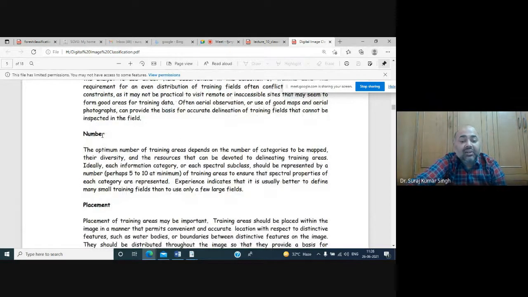Then number. What is the number? What is the minimum pixel size that you have generated to create the spectral response curve? Perhaps at least 10 to 15 pixels of each class must be taken as a subclass to identify the number of pixels.